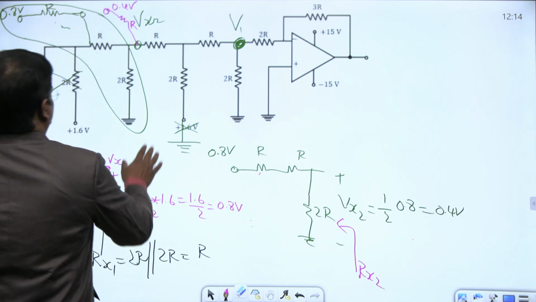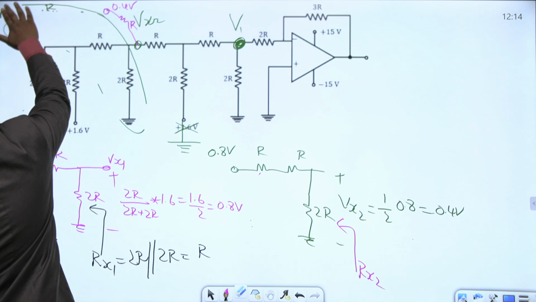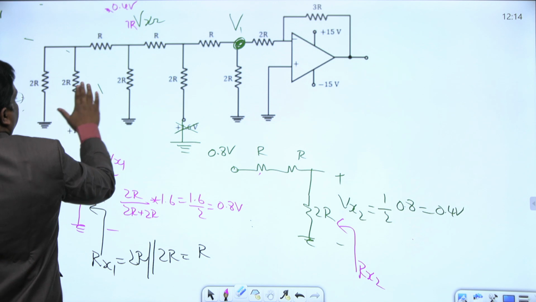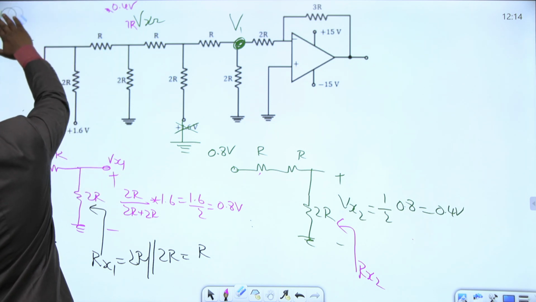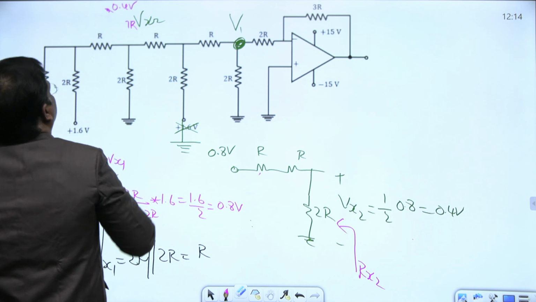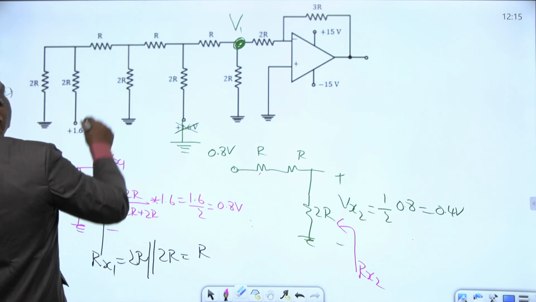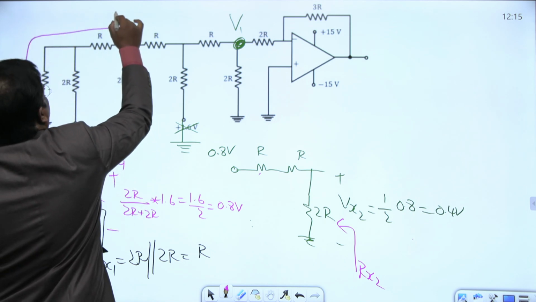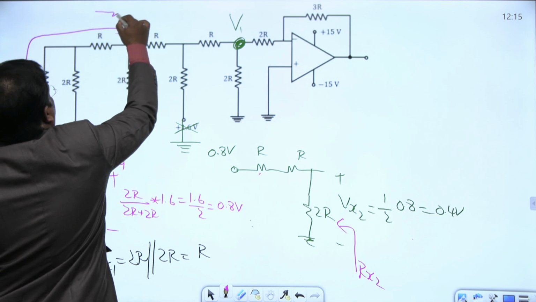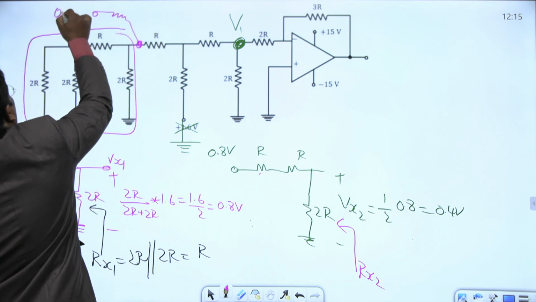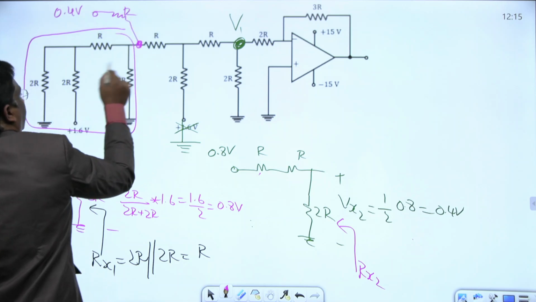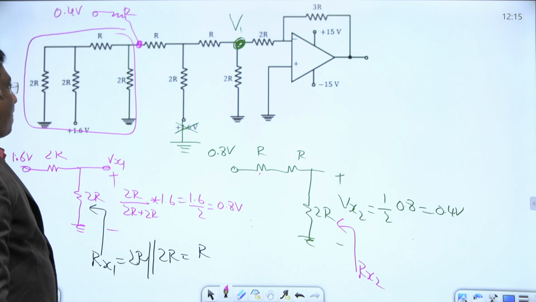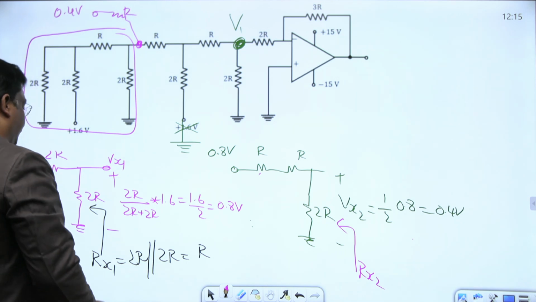This is R. We are trying to simplify this network at different parts. Finally, this entire network up to here we have simplified. Up to here, what is the voltage? It looks like this: the voltage is 0.4 volts and this resistance is R. This entire network, Rx2, is nothing but R. Again, let's move on to this part.